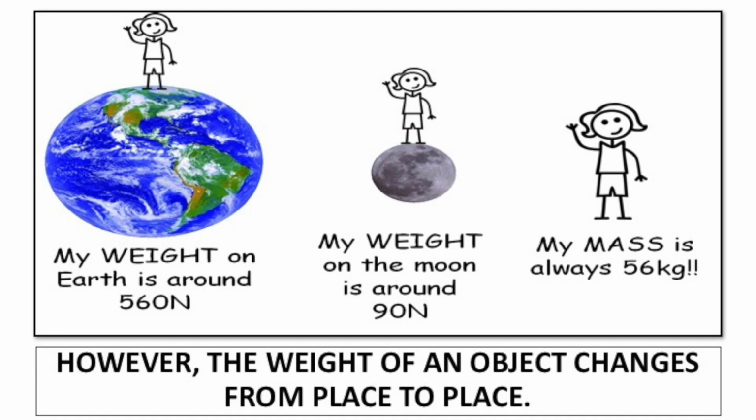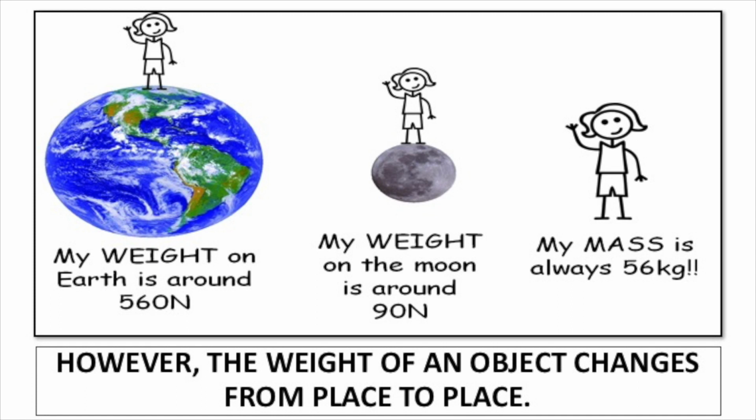So the weight of the person on planet Earth is around 560 newtons, because newtons is what's used to measure weight. So on planet Earth, 560 newtons. But the same person, if they go to the moon, see the way their weight changes now? Not 560 newtons, 90, more or less.